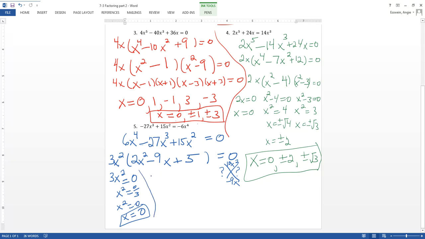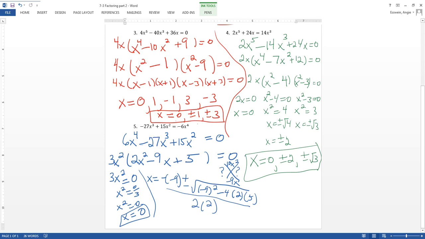So we have x equals negative b plus or minus the square root of b squared minus 4ac, all over 2a.